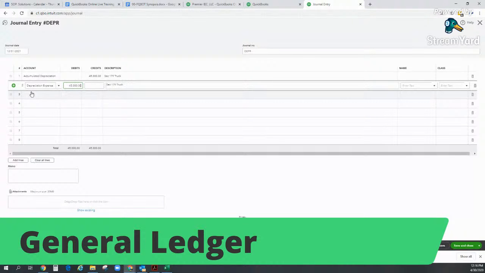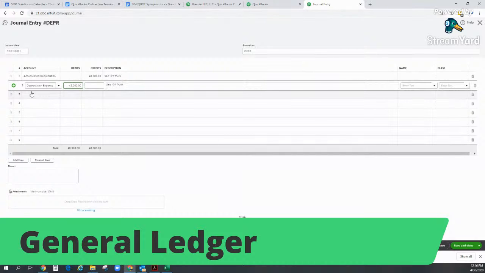My office expense is going to be debit $75. I lessened my asset because I took it out of the bank. I increased my expense, because in increasing the expense, that's how I deduct it.